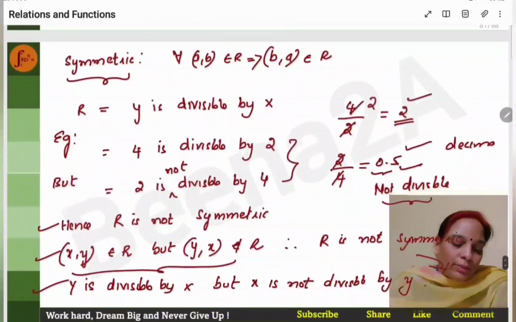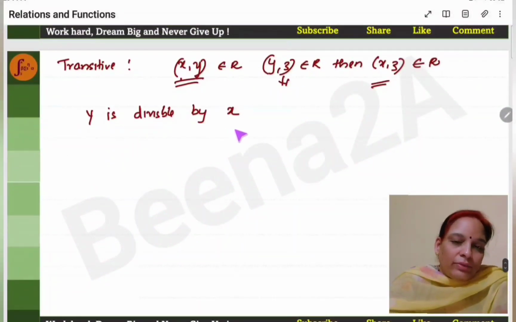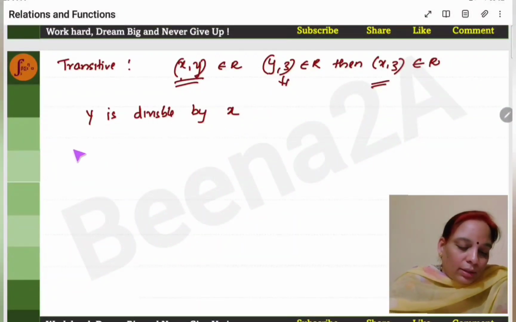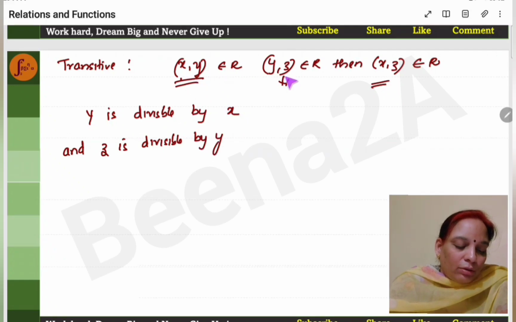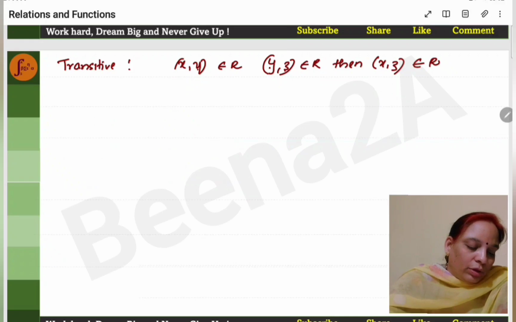That's a relation. If Y is divisible by X and Z is divisible by Y, look at this statement. If Y is divisible by X and Z is divisible by Y, then Z is divisible by X. Now what is the relation here?